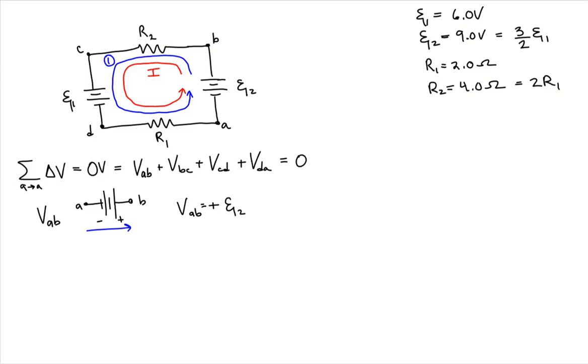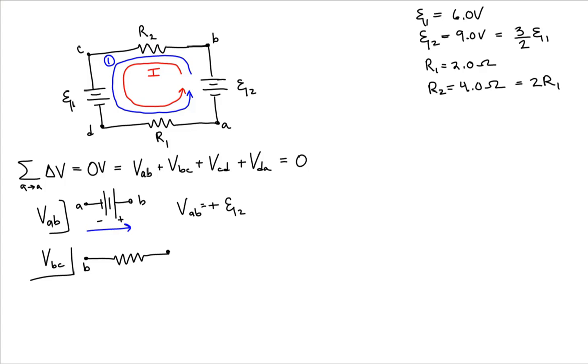Now let's look at the segment from B to C across resistor 2. The potential difference from B to C across resistor 2, let's illustrate this resistor.